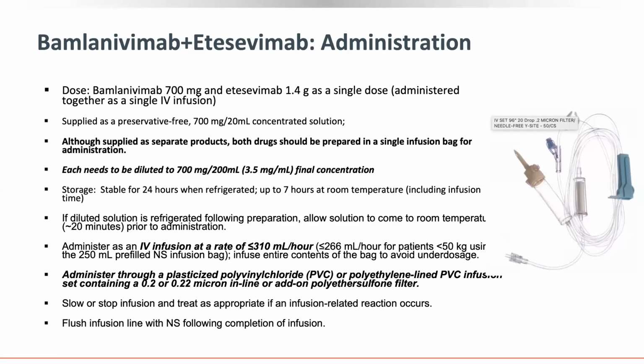You add 20 cc to the 700 milligrams to make that dilution, then another 20 cc to each of the other 2 etesevimab. And so you have 60 mils in total. Then you take these 60 mils and add it to about 250 mils of prefilled normal saline. And it's that which we infuse over 1 hour to 90 minutes.